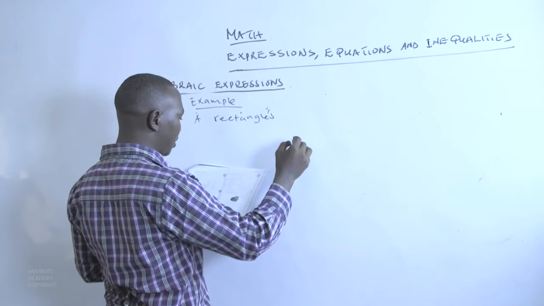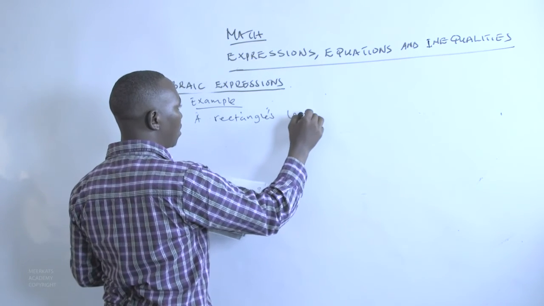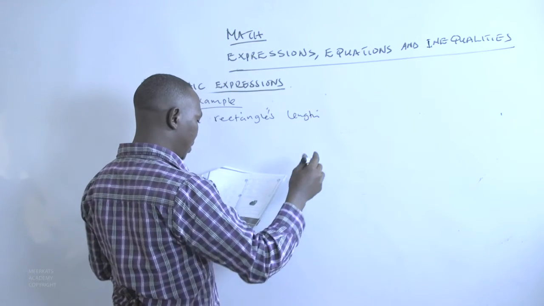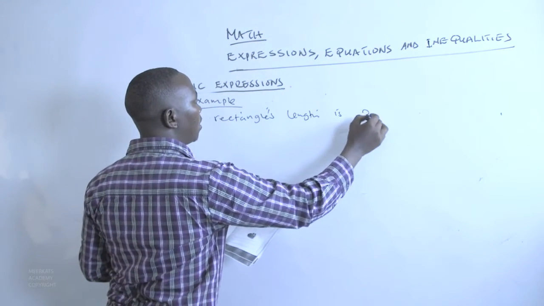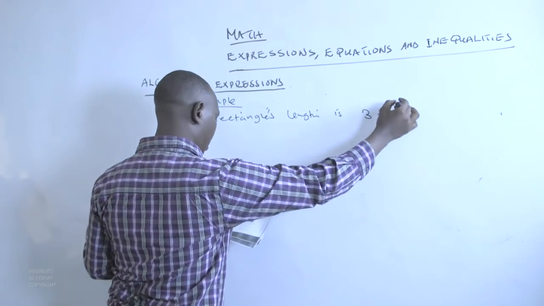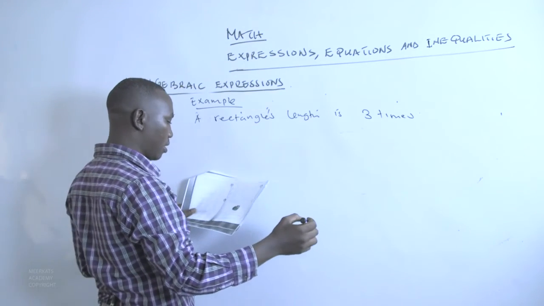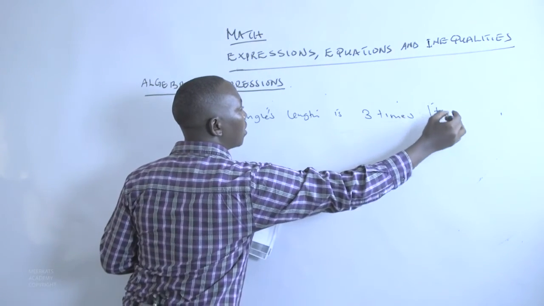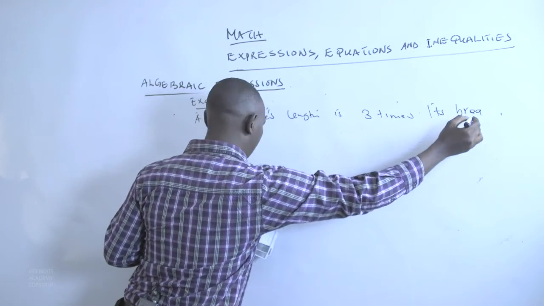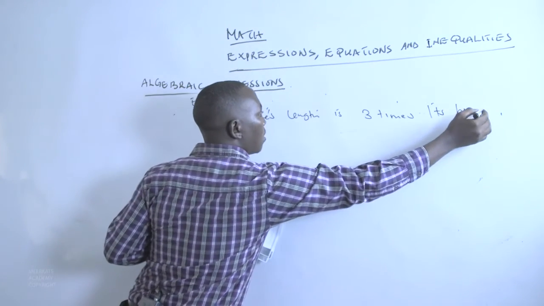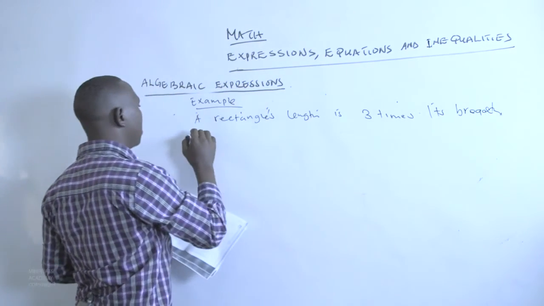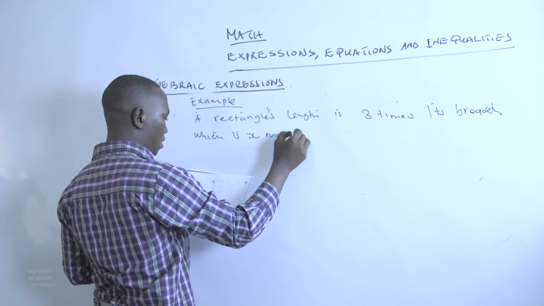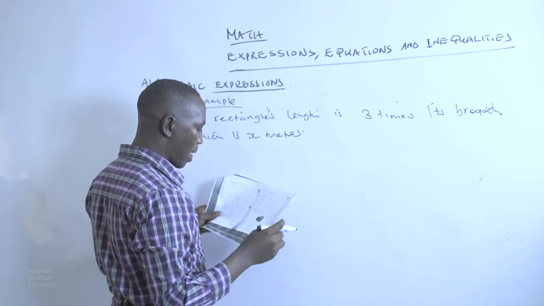Final example, a rectangle's length is 3 times its breadth, which is x meters.